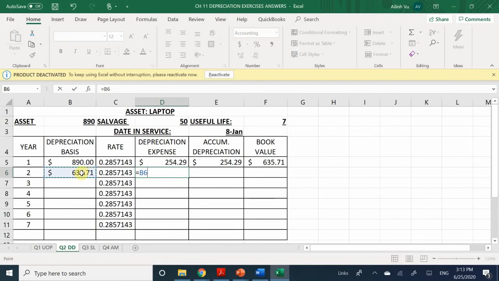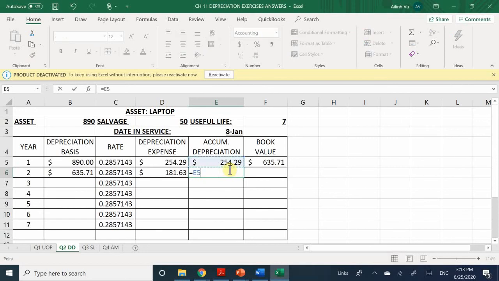Wait, hold on. I think I have the formula already in here. Okay, so 181.63 for the depreciation expense. Yes, 181.63. Yeah, I got that too. Okay, perfect. So then what do we do now?